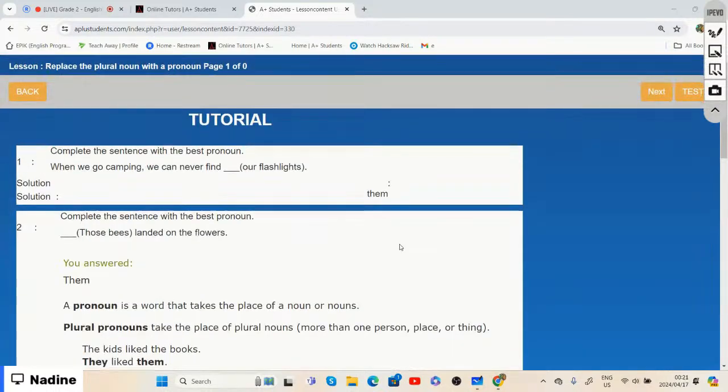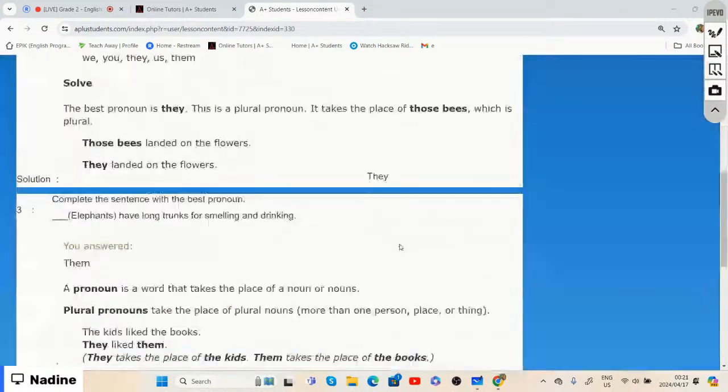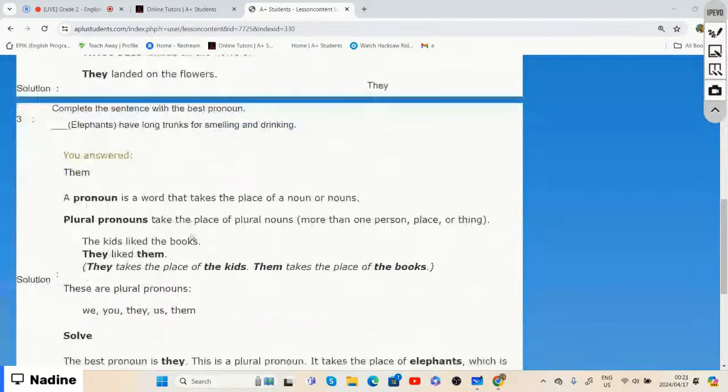Right? Okay. We go to the word elephants. The next one. Elephants have long trunks for smelling and drinking. We need to replace elephants with the best pronouns.